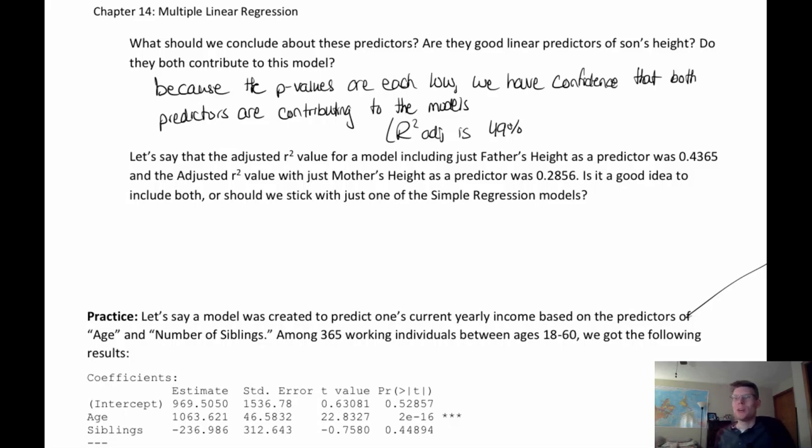Nobody can really tell you what a great r squared is. It's kind of hard to put a criteria or a threshold on it. But if you think about it, the fact that we're explaining 49% of the variability in son's height with two predictors, I mean, that's some good headway.